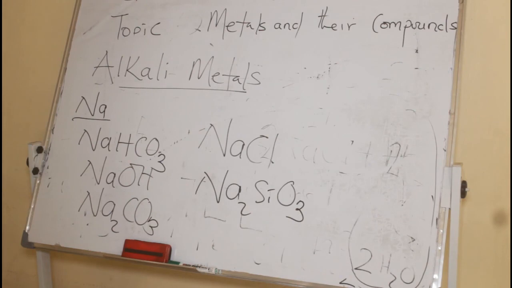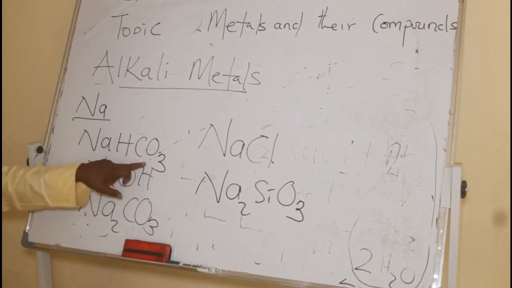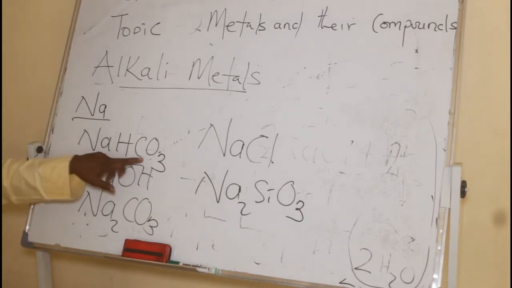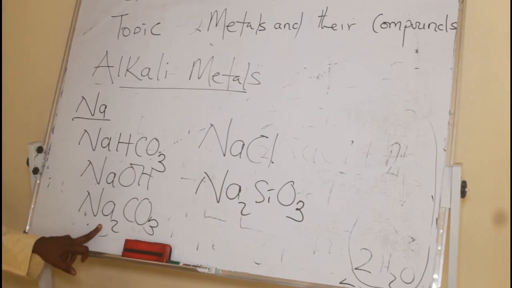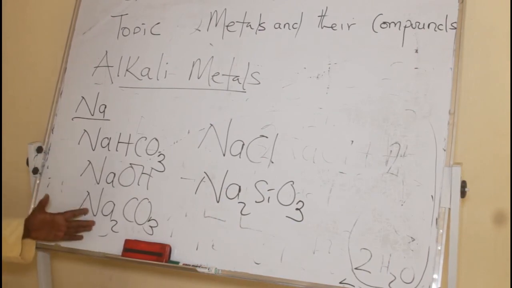So are you following? Are you with me? This is sodium bicarbonate, or sodium hydrogen trioxocarbonate IV, the IUPAC name. Sodium hydroxide. This is sodium carbonate, or disodium carbonate, or sodium trioxocarbonate IV as well.